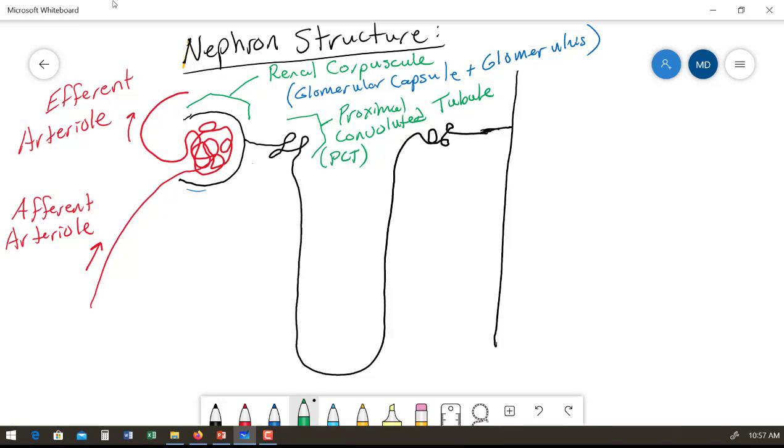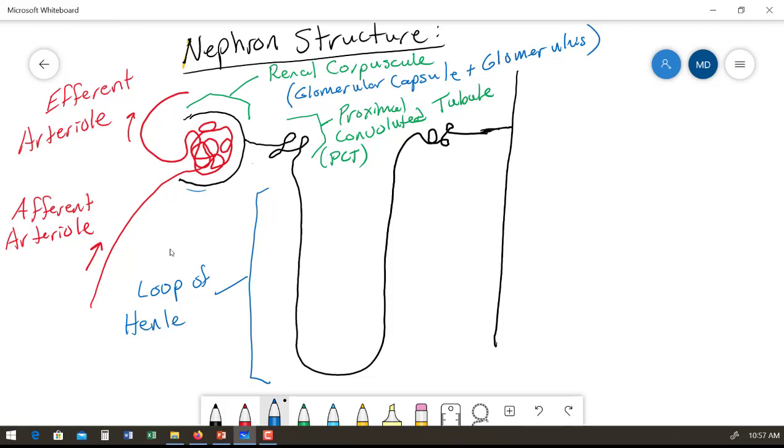The pre-urine is going to travel through the proximal convoluted tubule and then drop down into this basin down here. Basically, this is all just tubules, right? This set of tubules down here is called the loop of Henle. So both the downside and the upside is called the loop of Henle.